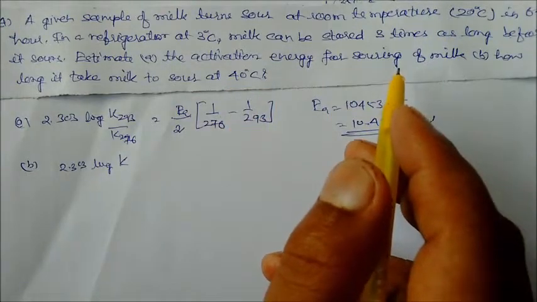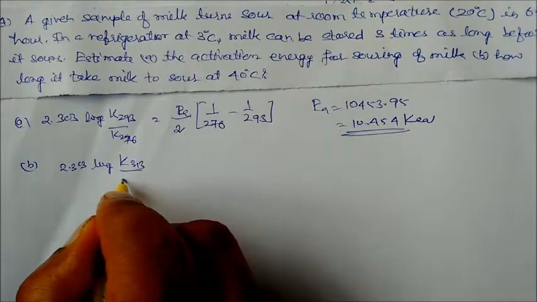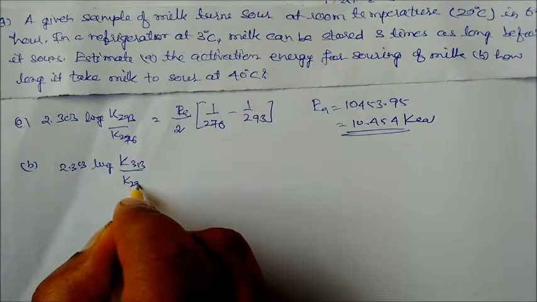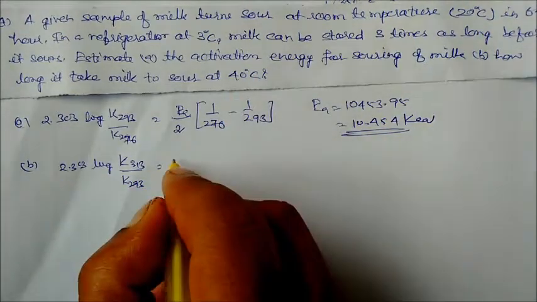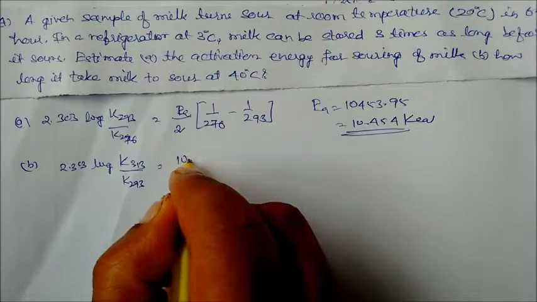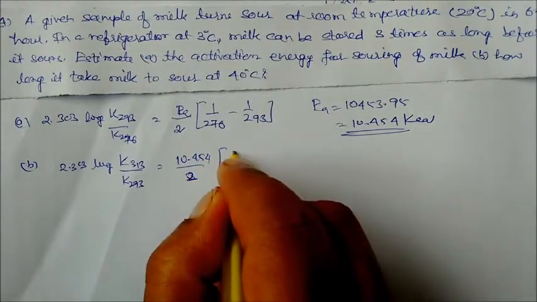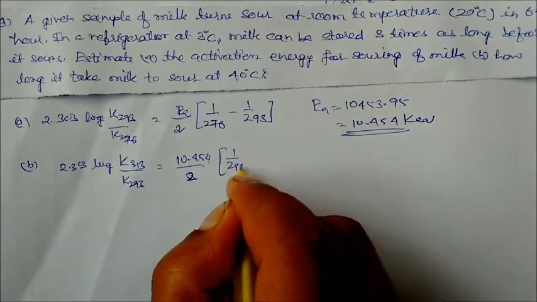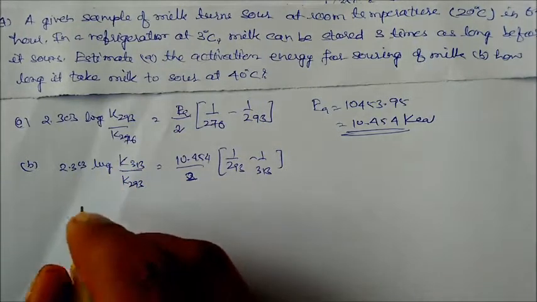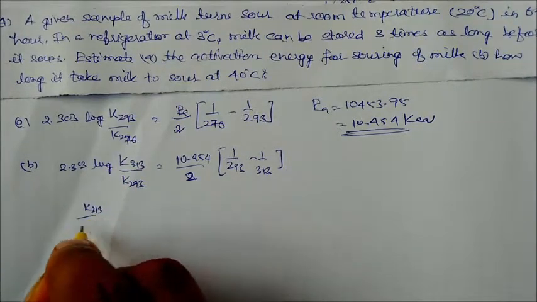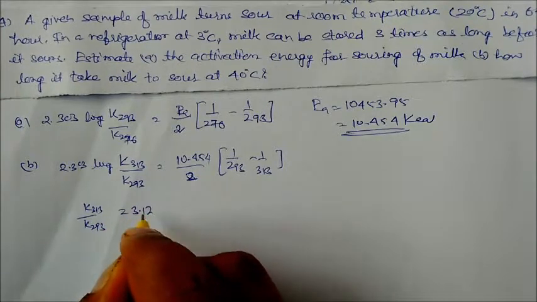So the temperature will be 313 divided by 293. EA we know is 10.454, and again divide by R, times 1 by 293 minus 1 by 313. On solving, K313 by K293 you will get as 3.12.